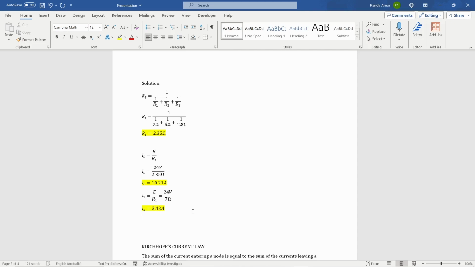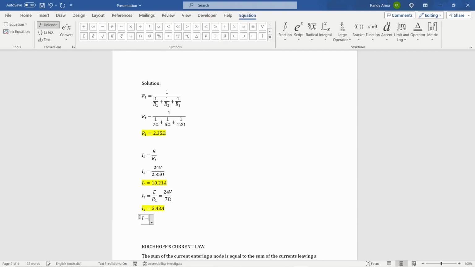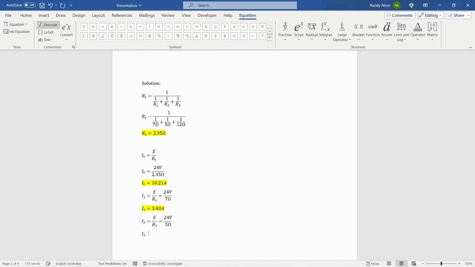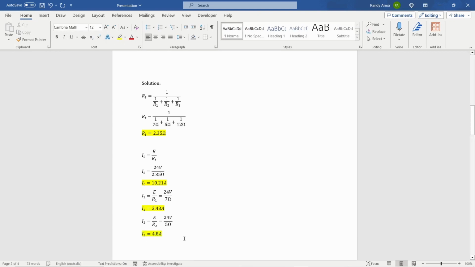For I2, we will do the same. I2 will be equal to E divided by R2, which is 24 volts divided by 5 ohms. So our I2 will be equal to 4.8 amperes.